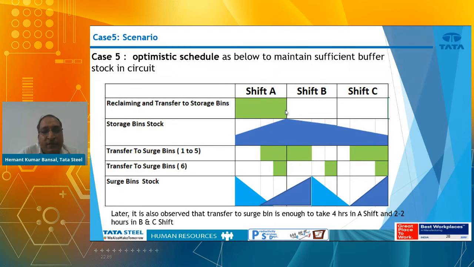And for the surge bin, transfer to surge bin from 1 to 5, we will take in a spell of 8 hours, but later spells of 6 hours. In the first spell it will need 8 hours to accommodate the reclaiming material. And transfer to surge bin will need only 1 to 2 hours at the end of the shift.